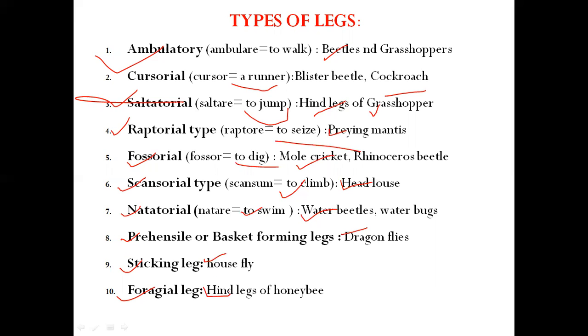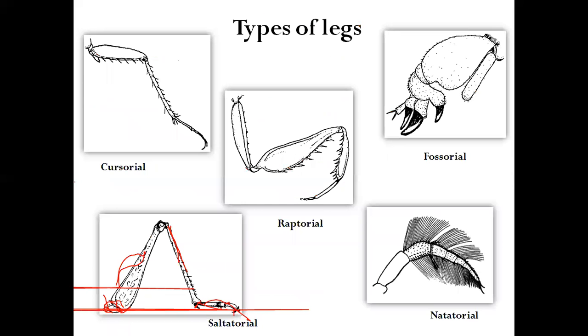So these are all the types of insect legs. Raptorial legs have spine-like structures on the femur and tibia, which seize prey. Fossorial legs have a modified, needle-like structure for digging. Natatorial legs have small hairs on both sides, which help in swimming. Saltatorial legs have the largest and strongest femur to easily leap or jump.